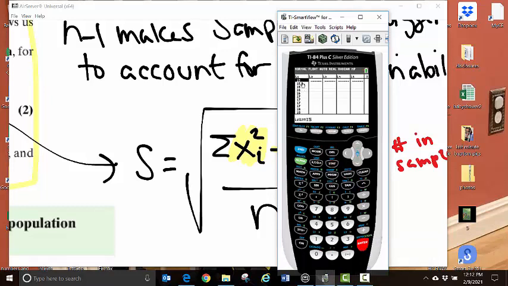So 15 squared plus 15 squared plus 16 squared plus 16 squared. Luckily, when you do stat, calculate, one variable stats, it actually does that for you. So the sum of all the values squared and added up is right there. And then this right here is just all the values added up.